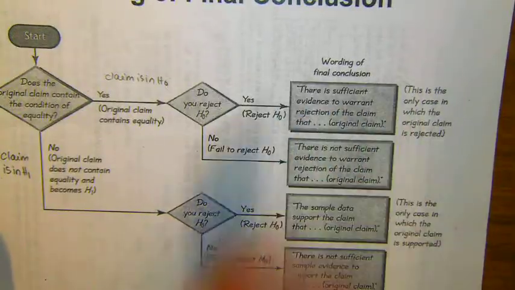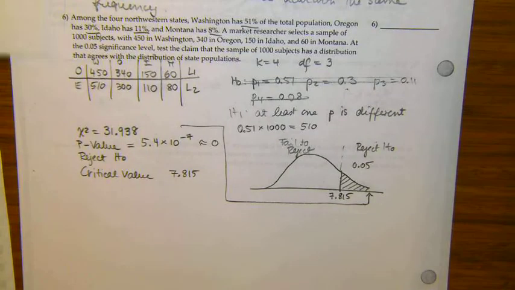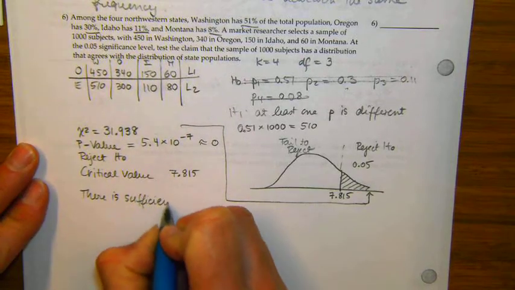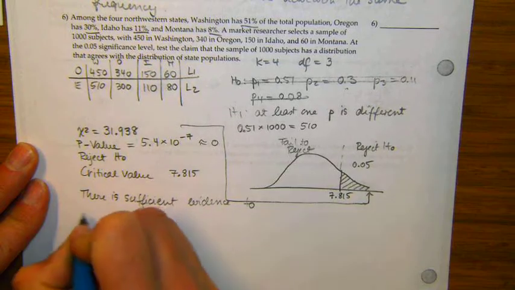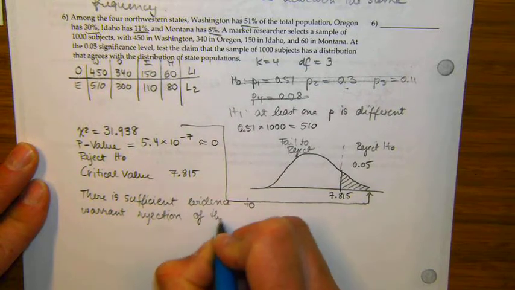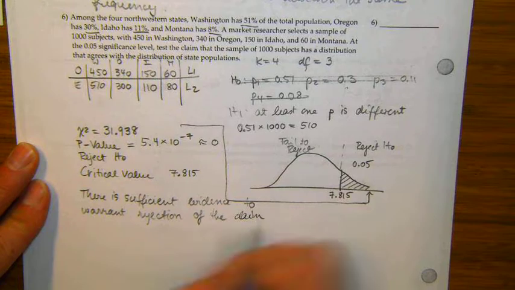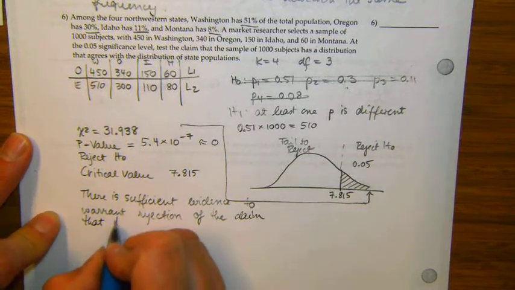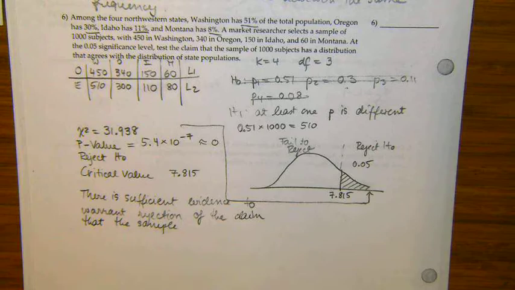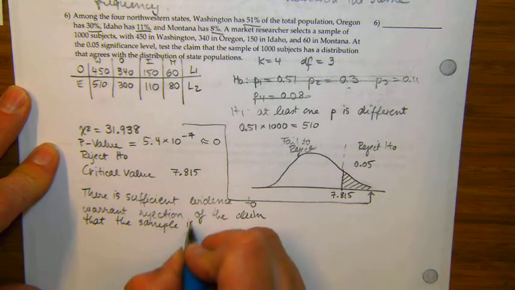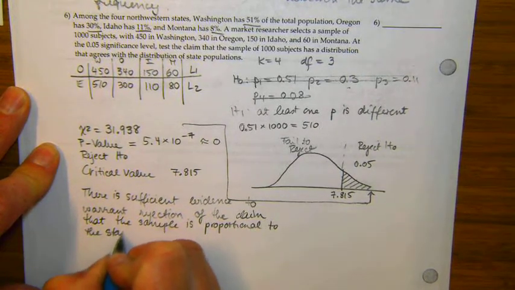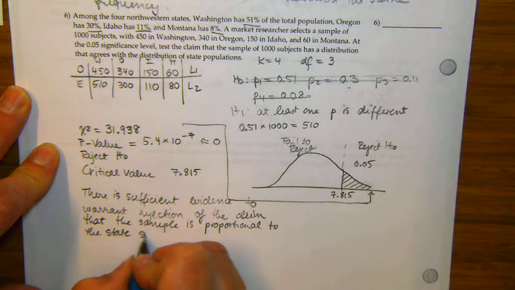So our wording is: there's sufficient evidence to warrant rejection of the claim that the sample has a distribution that agrees with the distribution of state populations, or maybe is proportional to the state size or percentages.